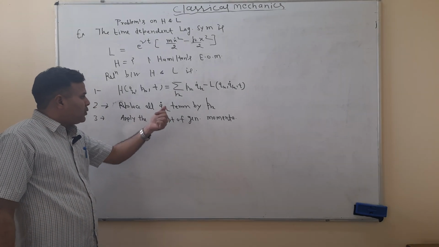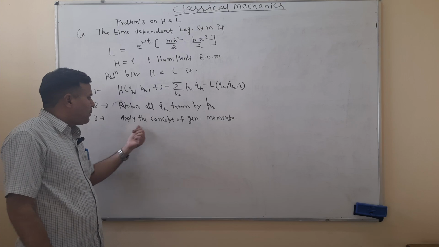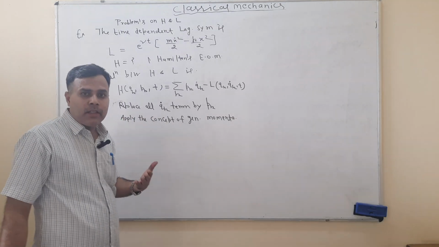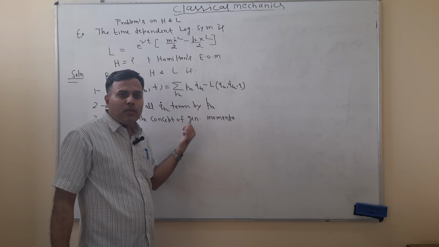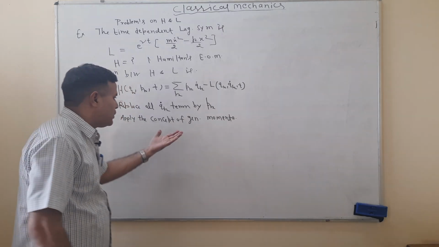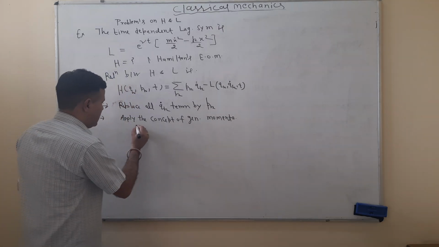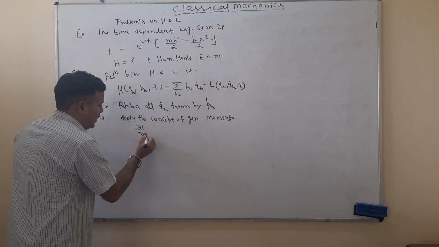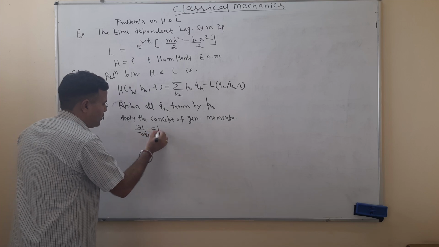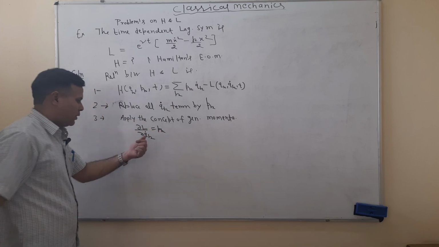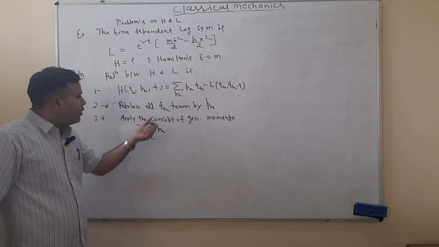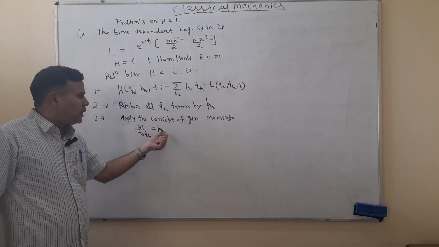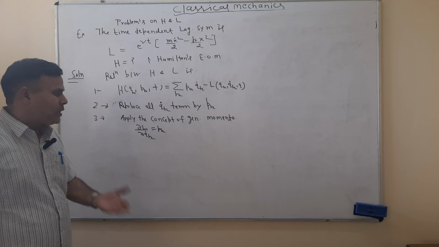So replace all qk dot terms by pk. How will we replace all qk dot by pk? Using the concept of generalized momenta, del L upon del qk dot is simply pk. With the help of this mathematical tool, we can replace all qk dot terms by pk in order to find the h expression.